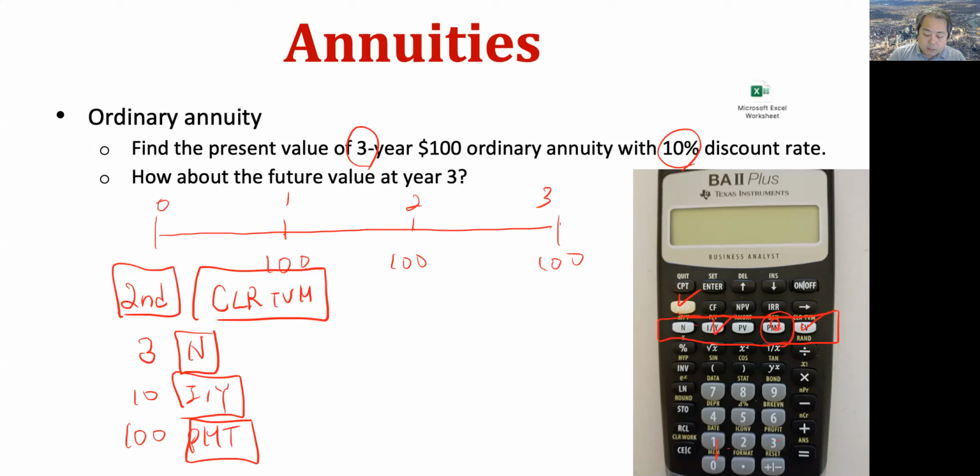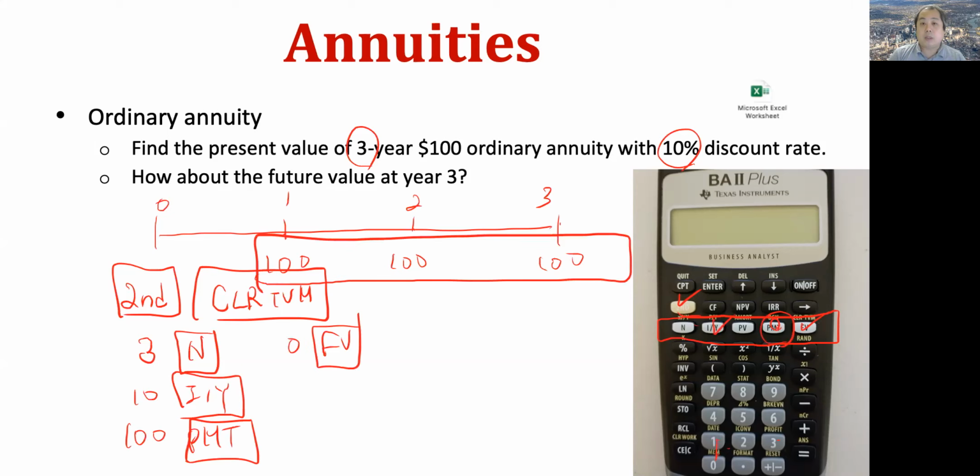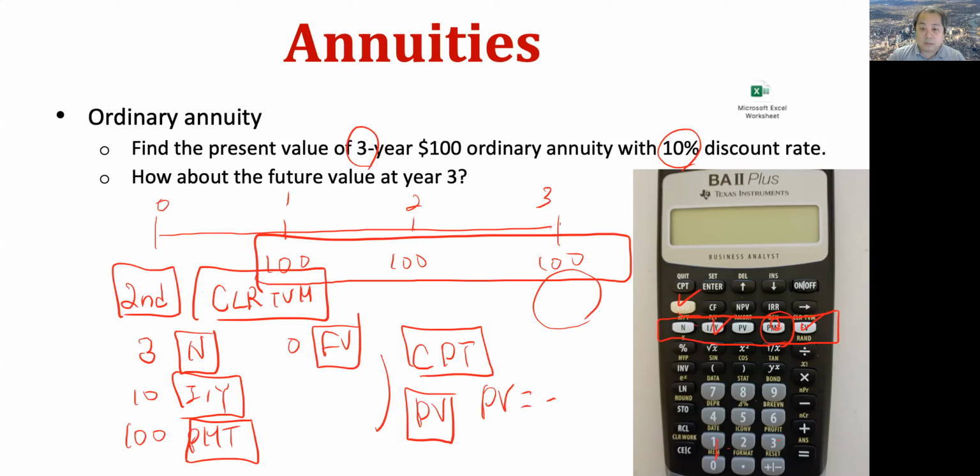And then future value equals 0, because besides these 3 cash flows, there's no other cash flow left at the end of the period, the third year. So 0. And then compute PV, present value. Then you get negative $248.69.